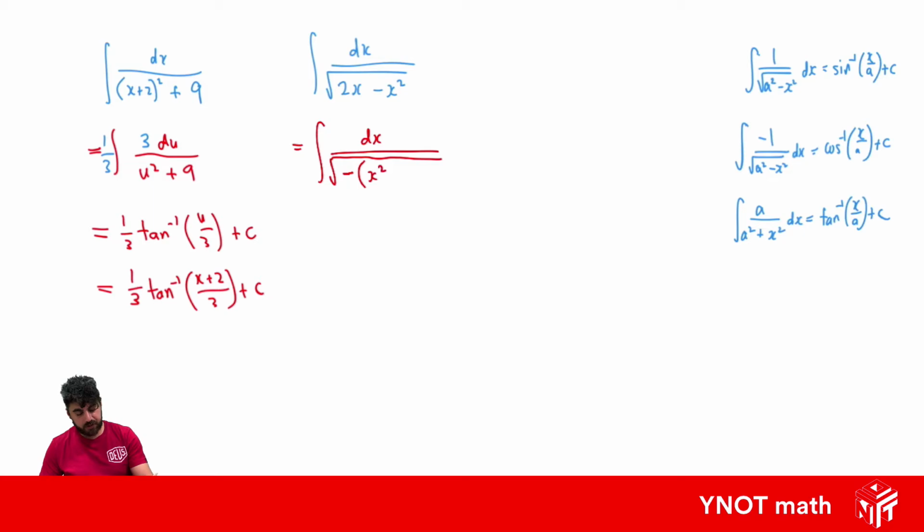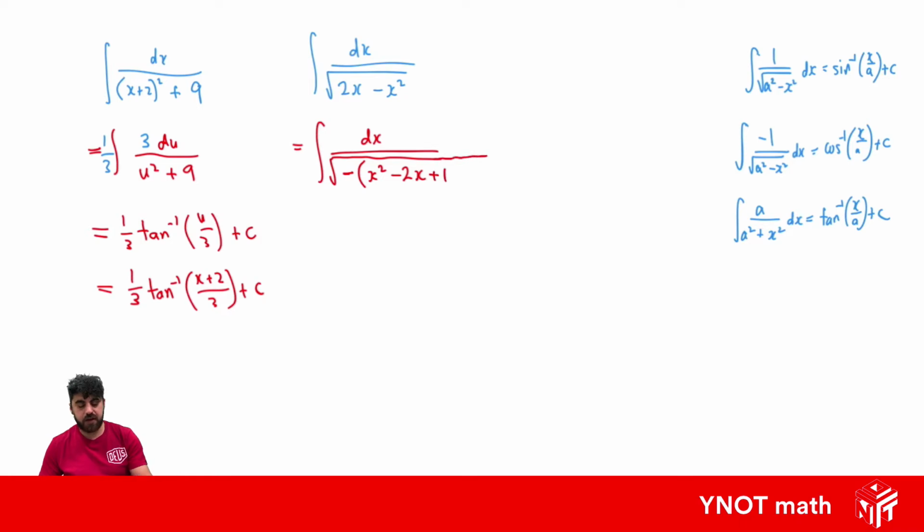And we have x squared, then we're going to have minus 2x. Now to complete the square, we need to add on half of the coefficient of x, so that's half of minus 2 is minus 1, and minus 1 squared is 1.